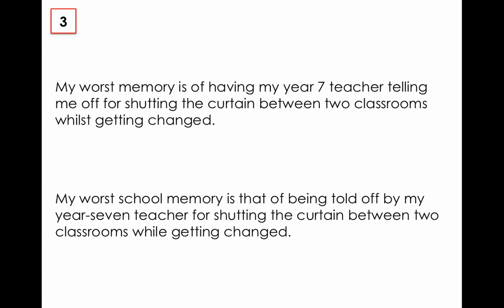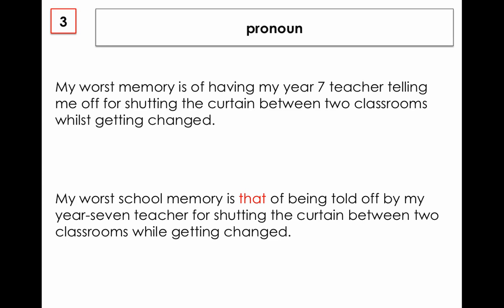Okay, here's the next pair of sentences. What you'll notice is that the second has that in it, which is being used as a pronoun here. If I replace that with the noun phrase it's replacing, I'd say this: my worst school memory is the memory of being told off, blah, blah, blah.